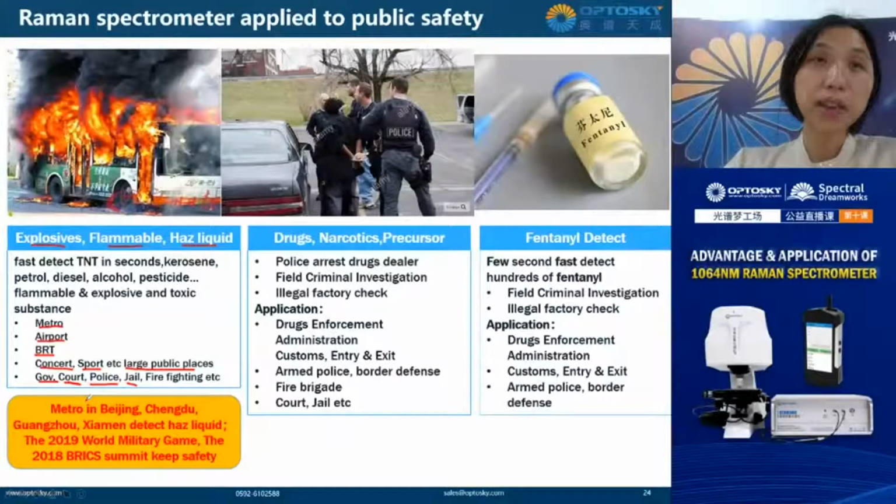They could kill himself, if they take some toxic substance, he could kill himself. And also in jail, we need to ensure the safety of these places.